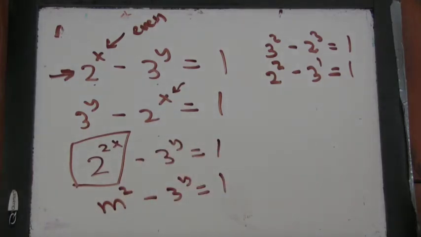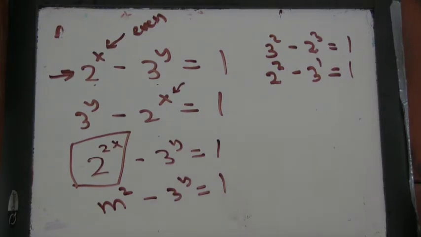Well, maybe this is a square. If this were a square, we could do difference of squares on it, but we don't know that that's a square. But we do have something else in the equation that is definitely a square.